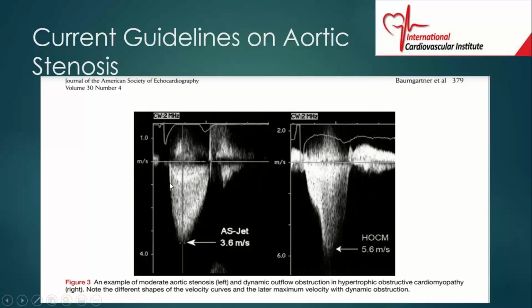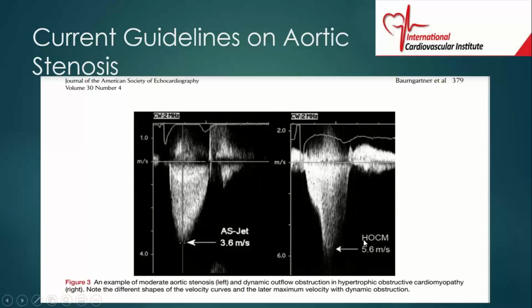This one is fairly early, because time is on the horizontal axis and this is velocity, so this is not too severe. And then you can see this is a late peaking curve, late peaking, and then it's concave, systolic concave.